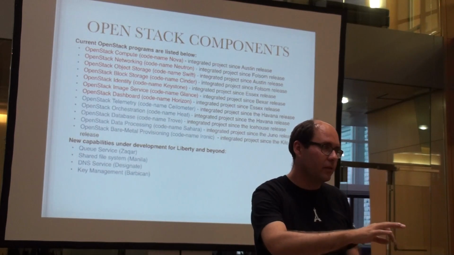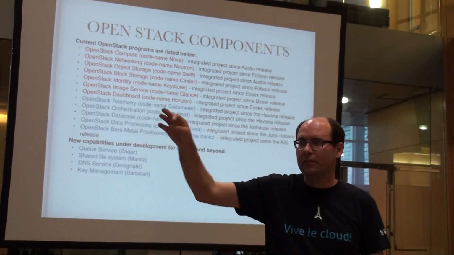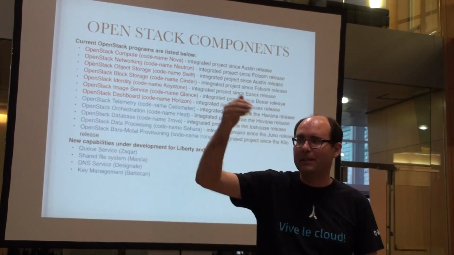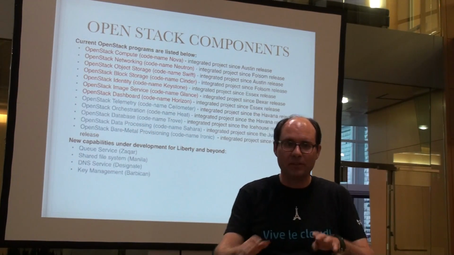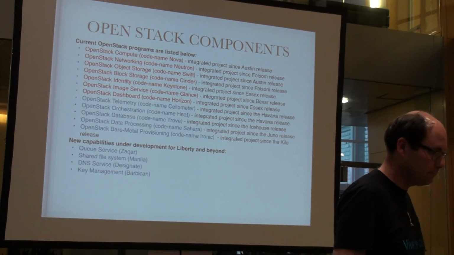A lot of these people install the bare metal project, Ironic, on all the servers you give them, and then start building on top of that. So they don't have to deal with the intricacies of different servers.